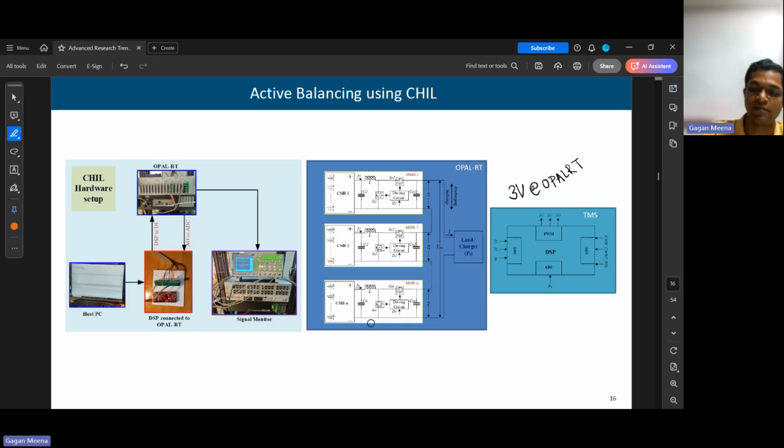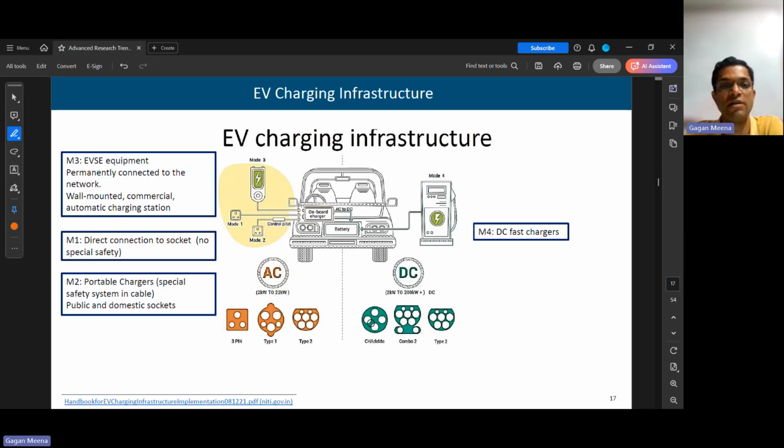Okay, let us go next. Next is the EV charging infrastructure. Here you can see four modes are available for EV charging infrastructure. The first mode is called electric vehicle supply equipment.